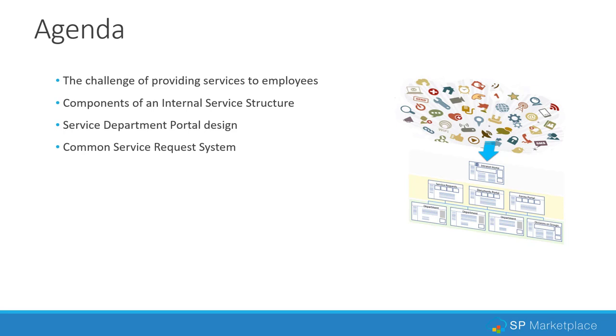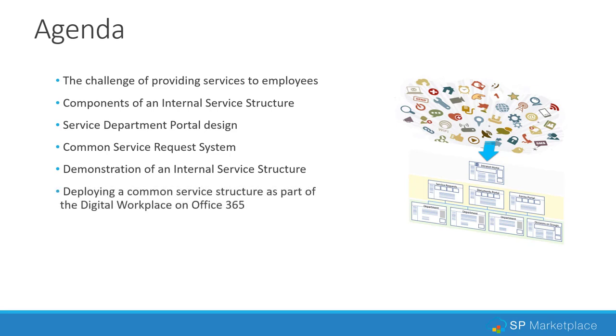We're going to talk a little bit about a common service request system and what that's made up of, and we'll actually demonstrate an internal service structure in the webinar here. And then finally, we'll finish up by talking about how deploying a common service structure as part of a digital workplace on Office 365 can be done.